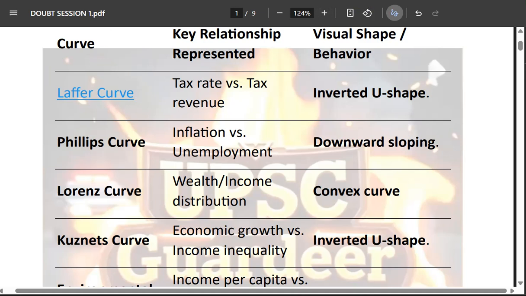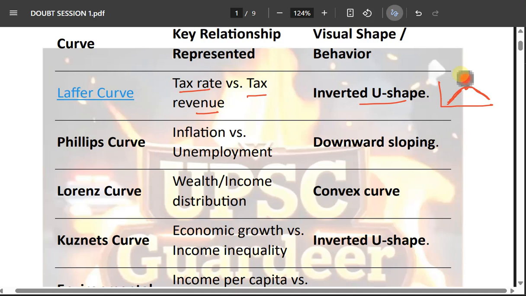Laffer's curve gives the relation between the tax rate and the tax revenue. It is an inverted U-shaped curve. When the government increases the tax rate, initially the tax revenue also increases. But at one point it reaches its maximum and comes down, because people at this point face high taxation rates.